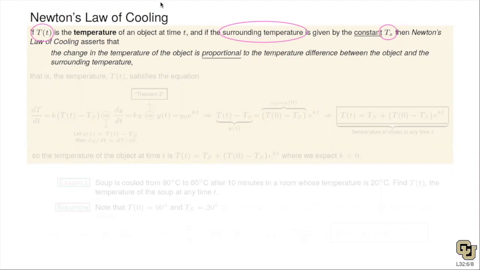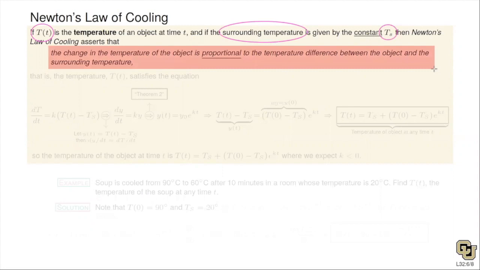So Newton's law of cooling. This is the part where we're taking a physical phenomenon and converting it into some kind of mathematical statement. Newton's law of cooling says the change in the temperature of an object is proportional to, related to, the temperature difference between the object and the surrounding temperature.